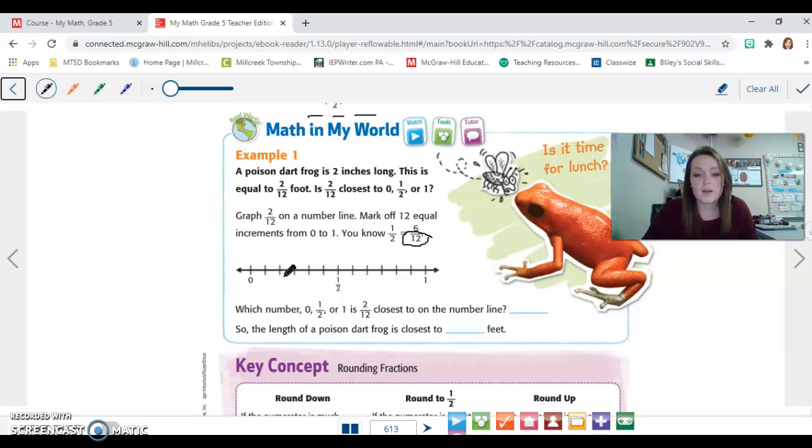Well, we need to graph 2/12 because that's how long the poison dart frog is. So we're going to count 1, 2. I'm going to put a mark here. This is how big the poison dart frog is. Is that closer to 0, 1/2, or 1? What do you think? I think it's closest to 0. So the length of a poison dart frog is closest to 0 feet.